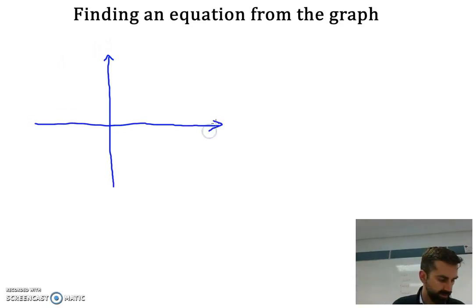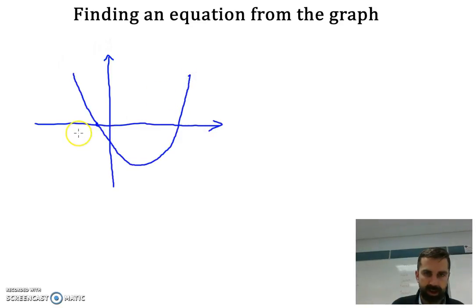Okay, so in this example, we have a graph, and it's coming down, it's crossing the x-axis at x equals -1, it's crossing the y-axis at y equals -6, and then it crosses the x-axis again at x equals 3.